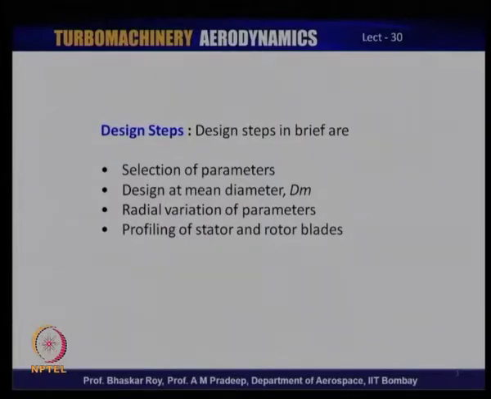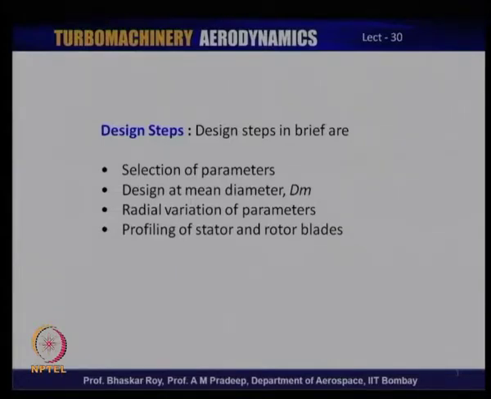The second issue is that design is normally initiated at the mean diameter, which is the mean length of the turbine, which means if you have the annular space defined, the mean of that annular space is where the design is started or initiated, and then you design the rest of the annular space. So, the design is normally done at mean diameter.